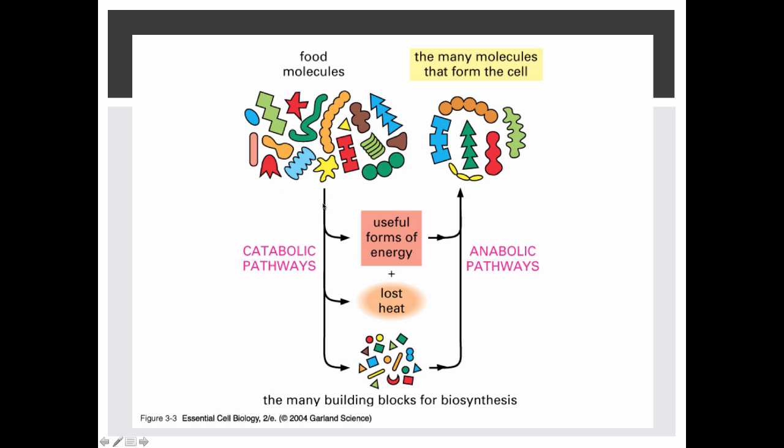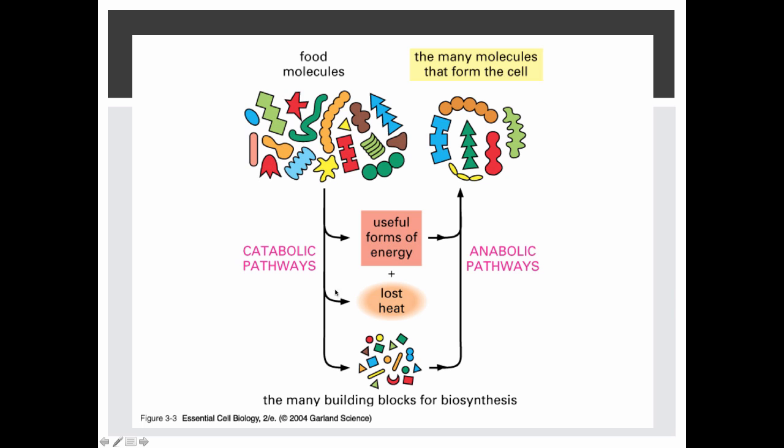We take larger food molecules and we use catabolic pathways to break them down. These can also be structural molecules. So keep in mind, we're not just talking about carbs. We're talking about amino acids and things like that. So we'll take our food molecules and break them down through catabolic pathways into the small molecules that make them up, the monomers. You can see here, this big long chain of circles has been broken down into little circles.